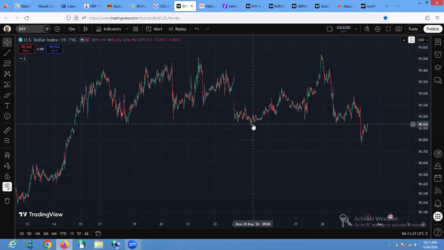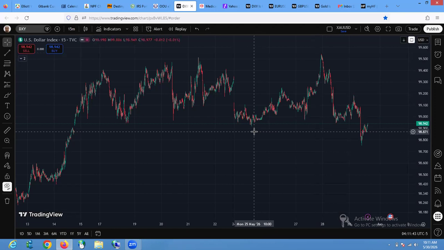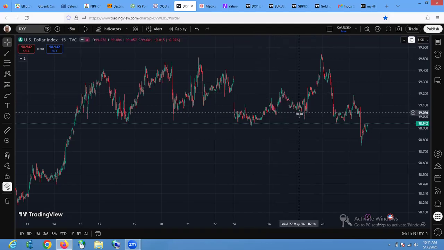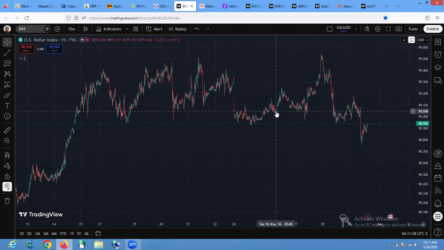Now, after that, we saw a wave 5 to the upside. In that wave 5, it's also a diagonal. We have a 1, a 2, a 3, a 4. You can see, we can't even call it a 4.